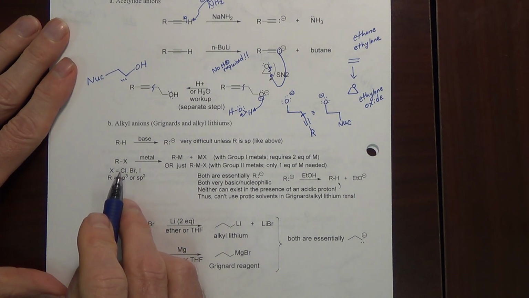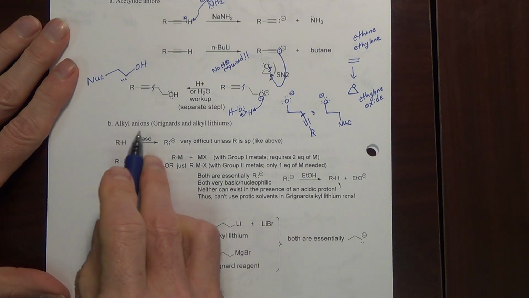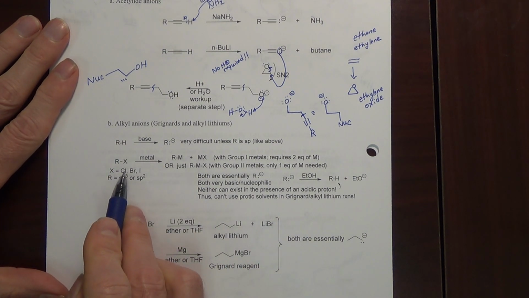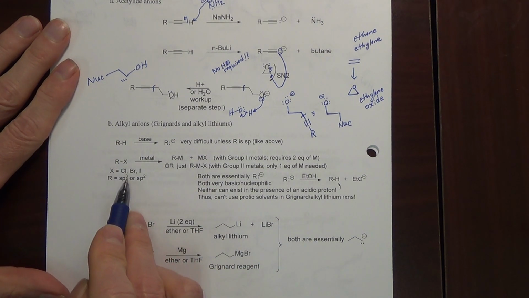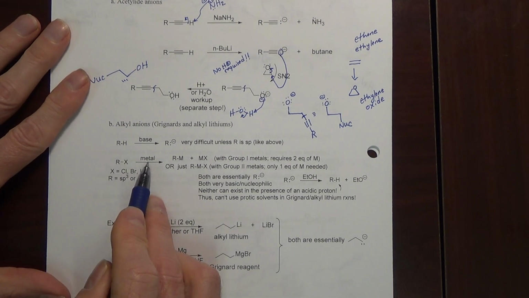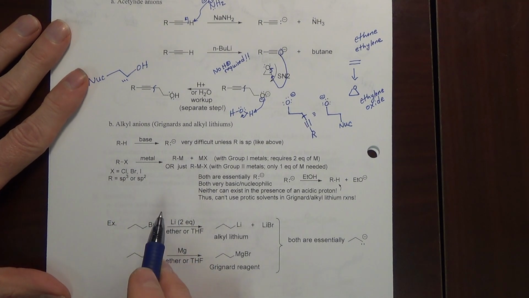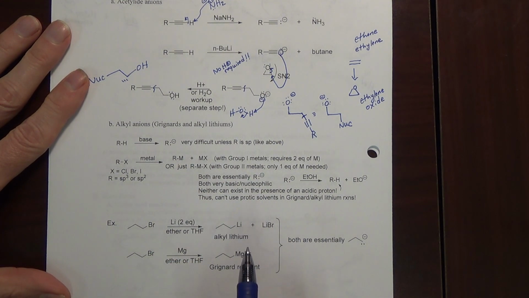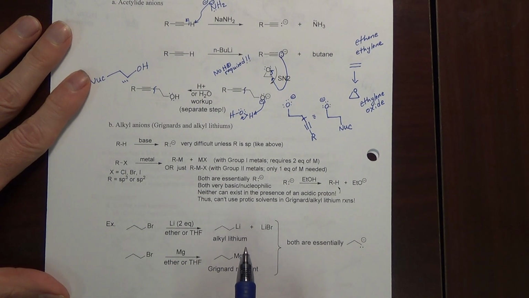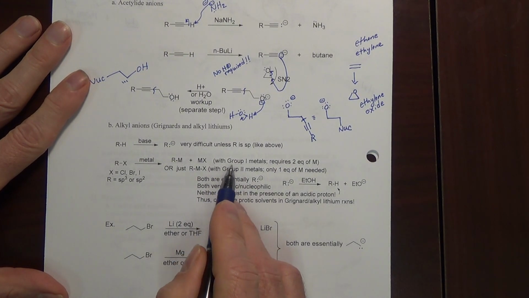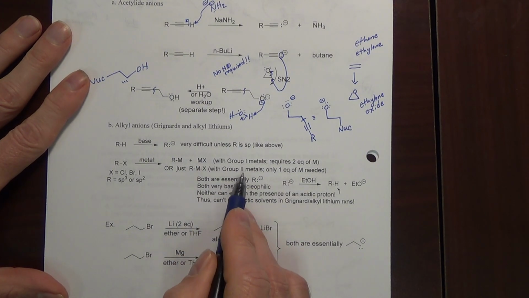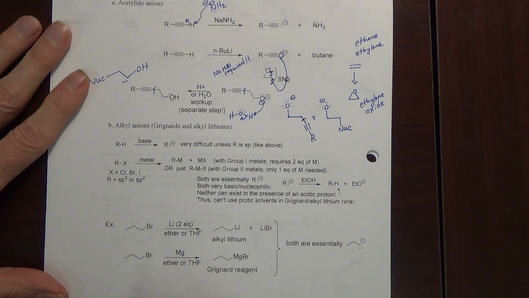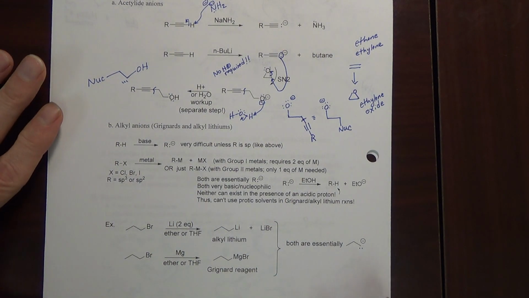A sort of tricky way to make the alkyl anions is to start with the alkyl halide and react it with some type of metal, with the most common being group 1 metals. I'm sorry, group 1 metals can be used, or group 2 metals. The most common is actually magnesium.